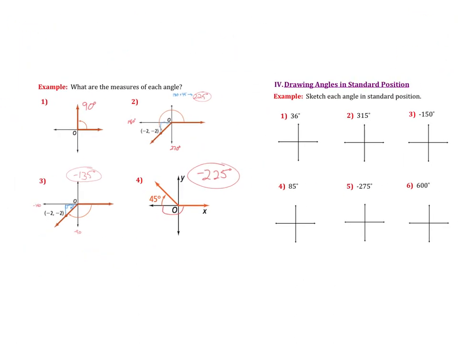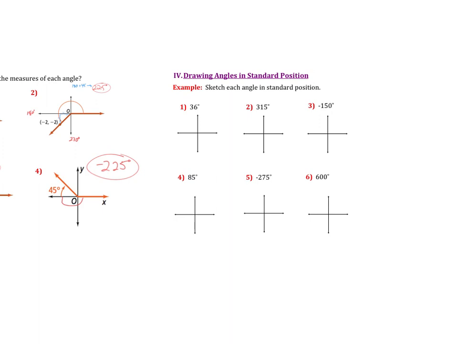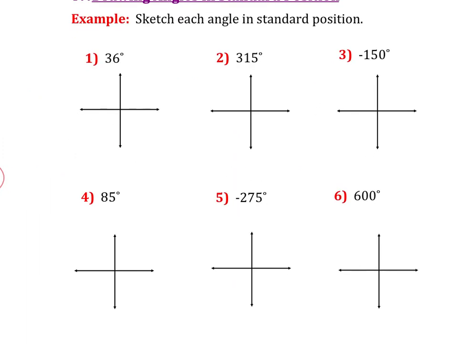Okay. And we're going to end out here drawing angles in standard position. Now, all of these angles will start off with their initial side on that positive x-axis. So one of the legs of this angle will start off on the positive x-axis.